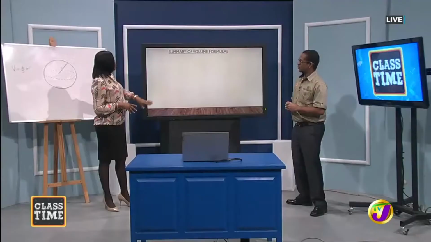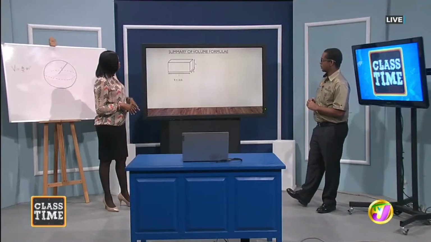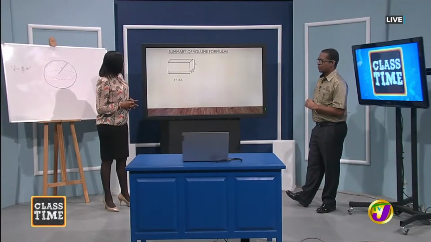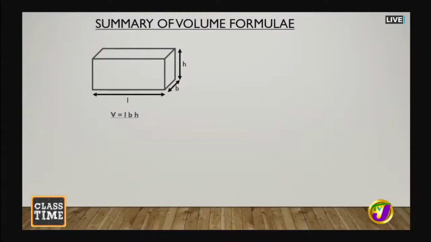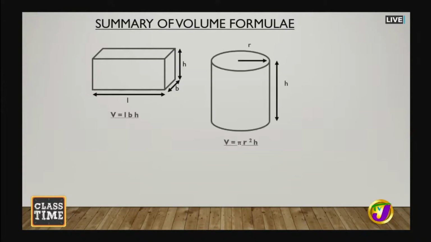All right, so let us do a quick check and summarize. So notice for the cuboid, the base area would have been length times breadth, times the height would give us the volume. And the cylinder? The area of the cross-section would be pi r squared, and multiplied by the height will give us the volume of the cylinder.